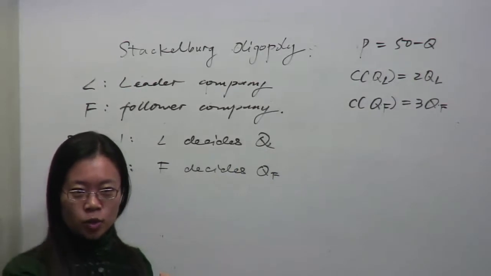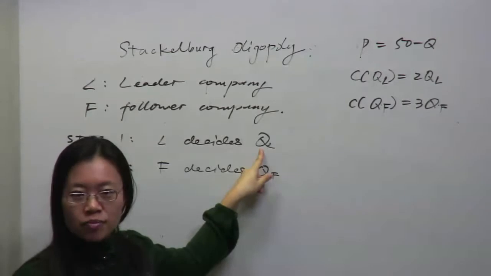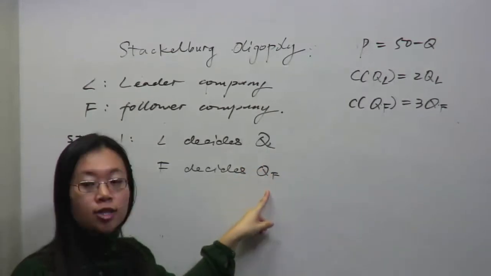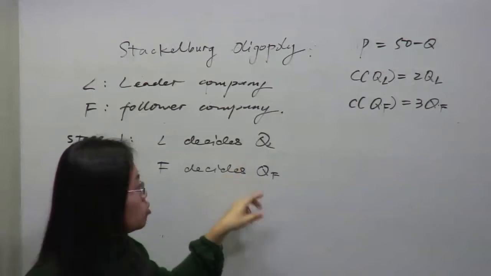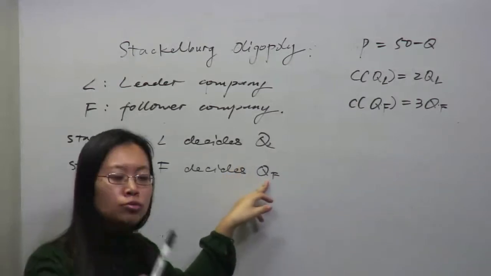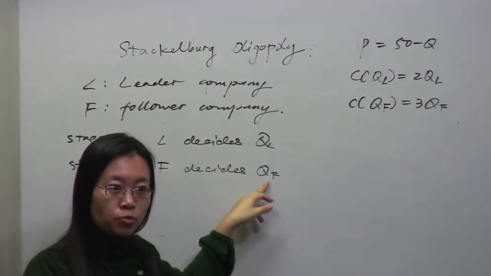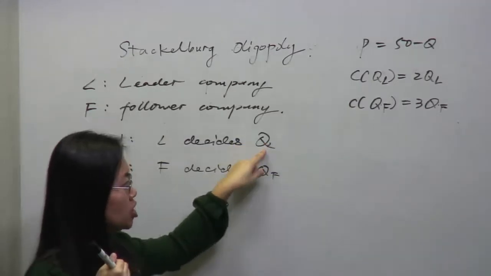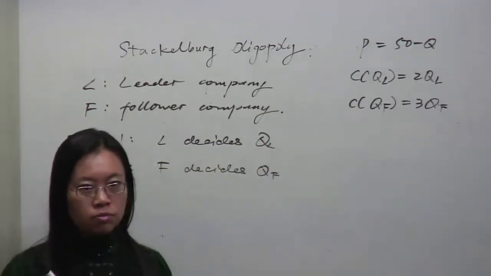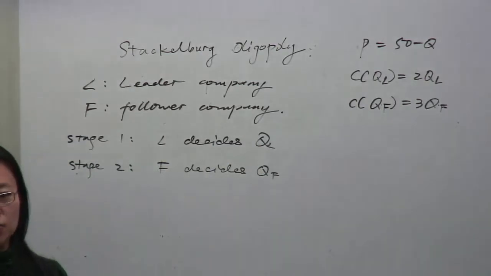I'm going to repeat what was just said: this QF is going to depend on QL, for sure. That dependence is also known to the leader. So the leader knows the follower is going to make a decision based on the leader's output, and the leader takes that dependence into consideration when making the decision.